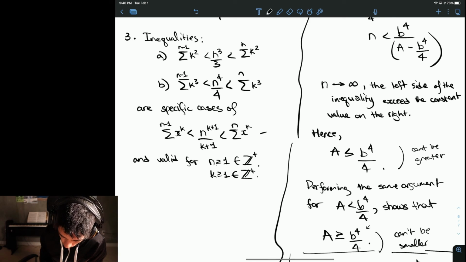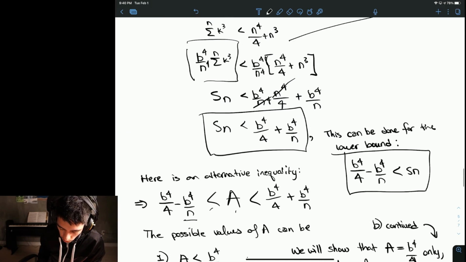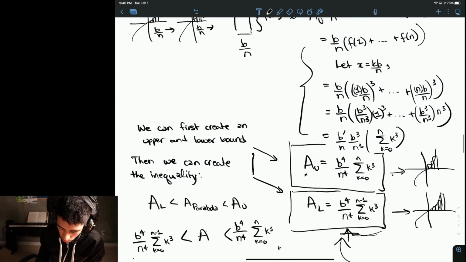It says assume this is true and generalize the results of what we did in exercise number 2, this whole thing.